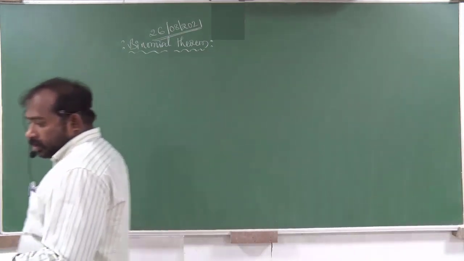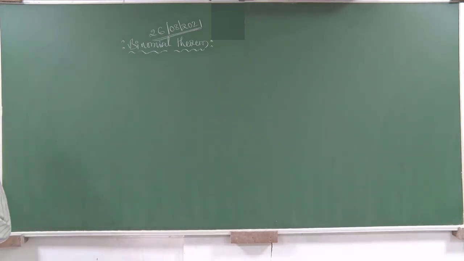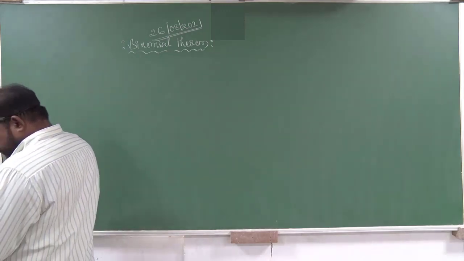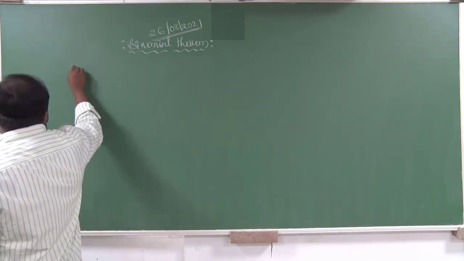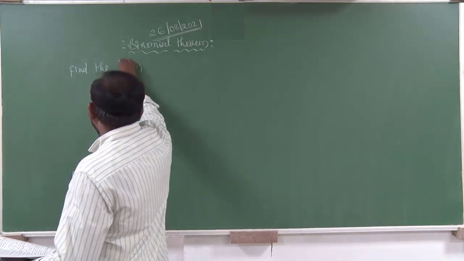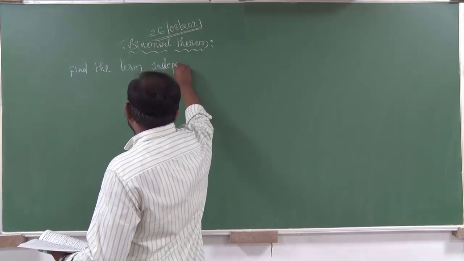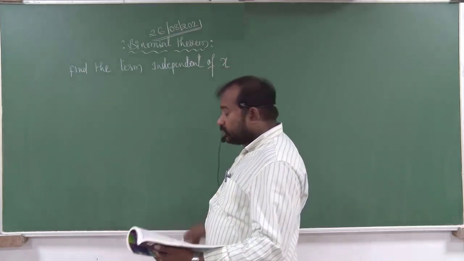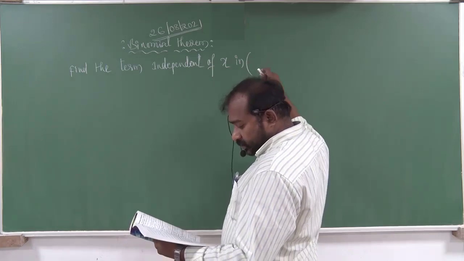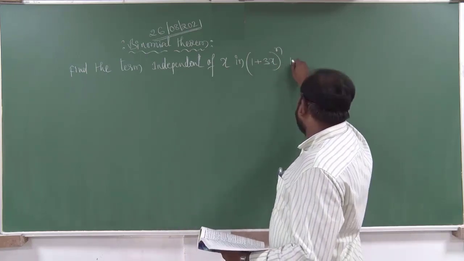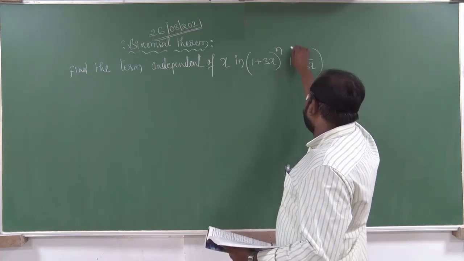Now, one more example. Here they have given, in the next example, find the term independent of x in the expansion (1 plus 3x) whole power n into (1 plus 1 by 3x) whole power n.